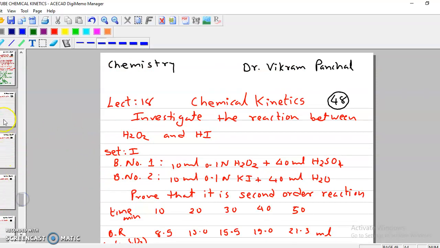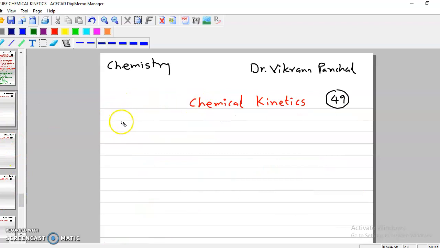Now we'll find out small b, and for that, first of all, we should find out the effective concentration of KI in total volume.